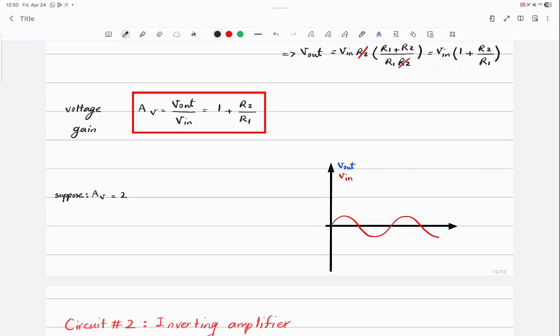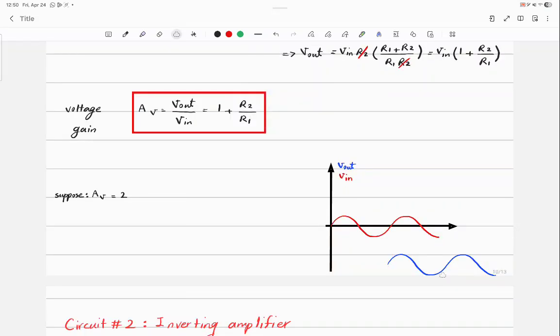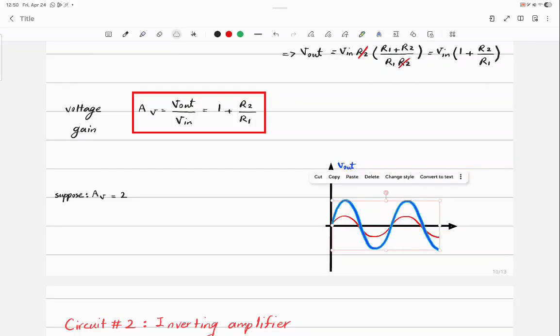If that is your input, what is your output? Let me do some magic. That is your output. Whatever your input is, double it, it will give you your output.